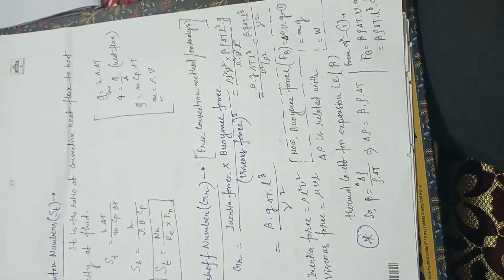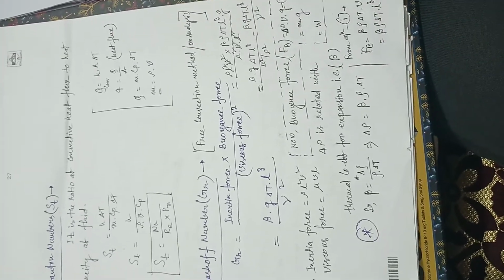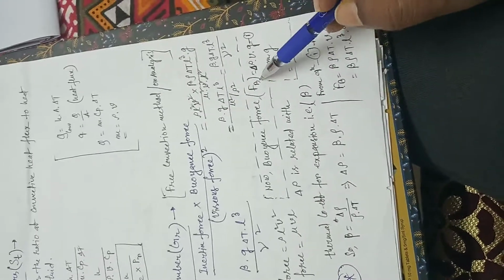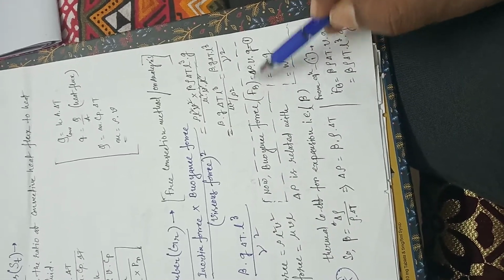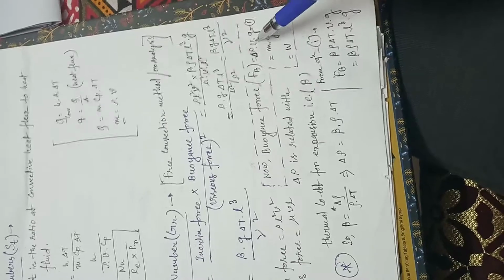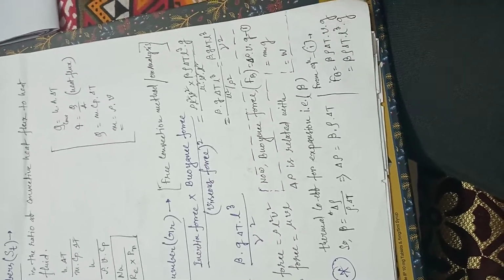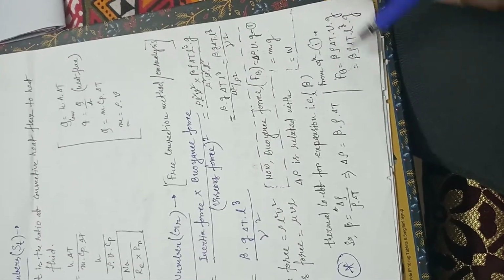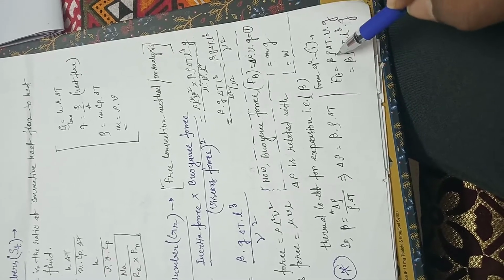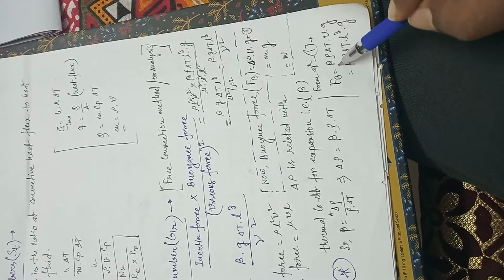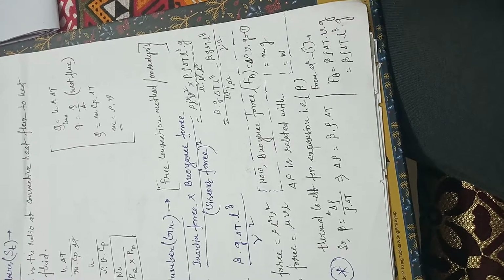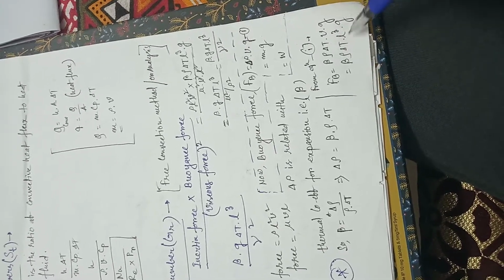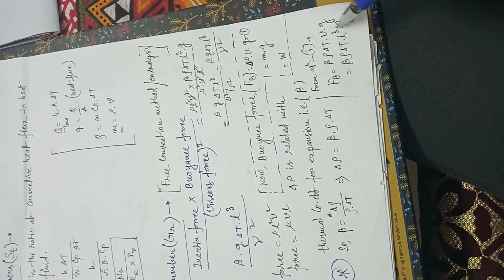From equation 1 we know this is the buoyant force, that is del rho V g. Similarly, from equation 1, Fb equals beta rho del T V times g, and beta rho del T into V is the L cube into g.